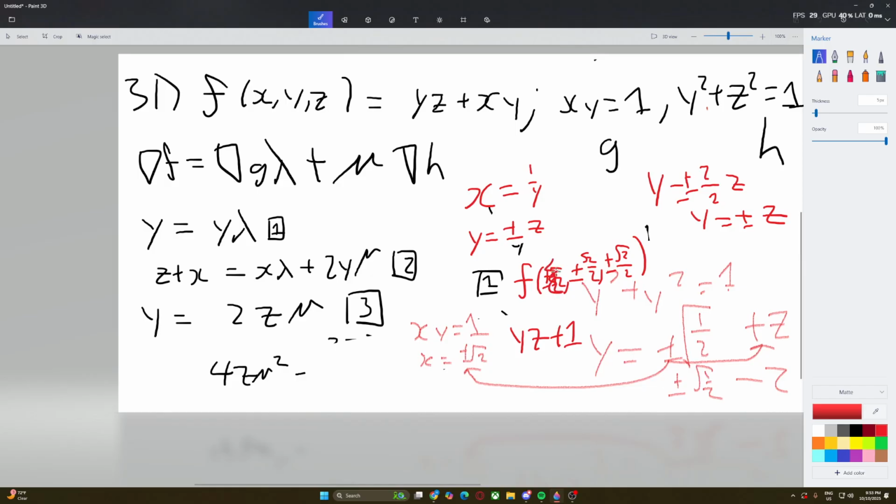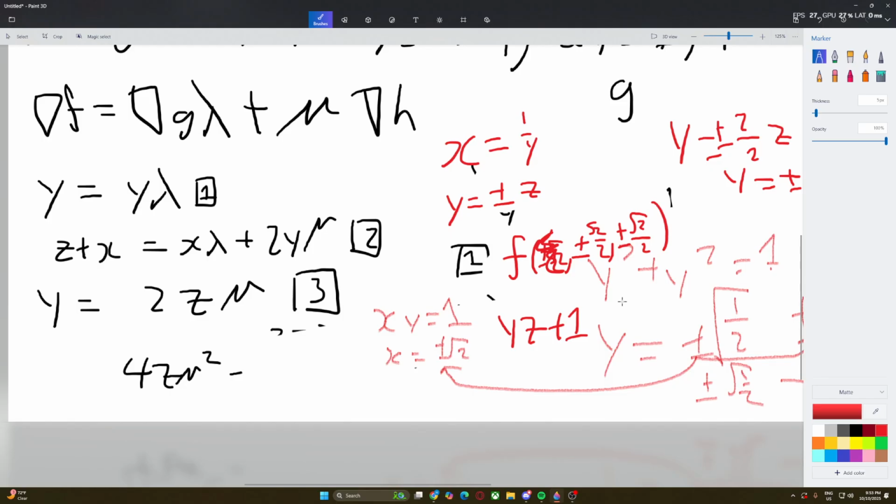now we don't even need to matter about this. So the way to get the greatest number would be for both of these to be positive, and the way to get the negative number is if they were opposite of each other, or the lowest number.